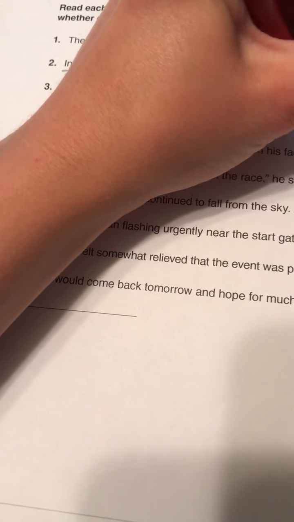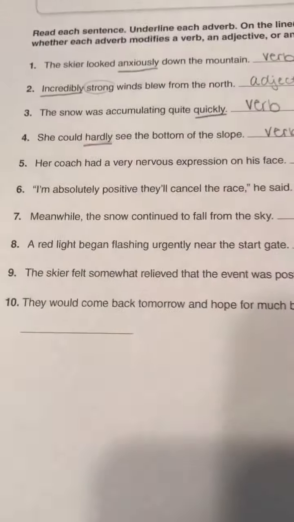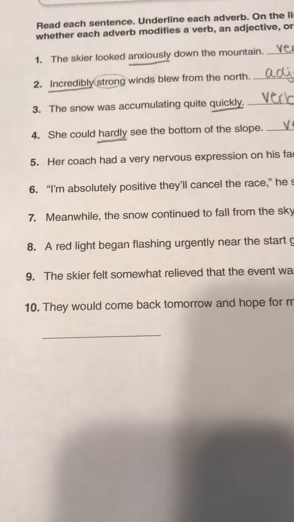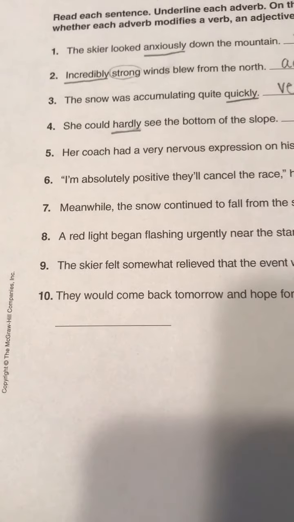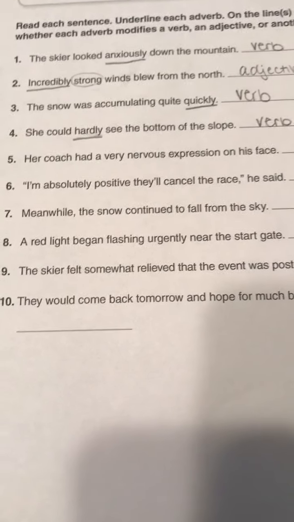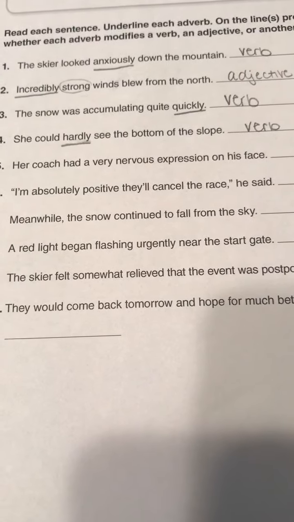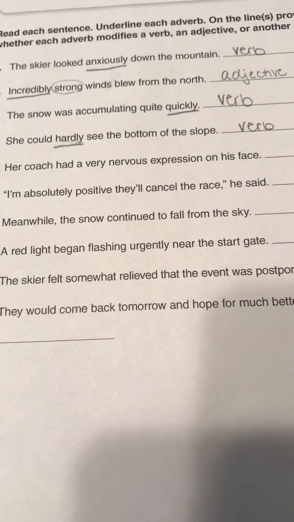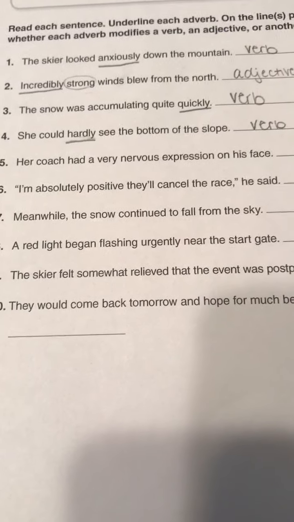So this also modifies a verb because that was how she was seeing. She could hardly see. It'd be the same thing if we said she could clearly see. That's how she was seeing, okay? Another helpful hint is that most often adverbs do modify verbs. Most often. Okay, we'll move on.